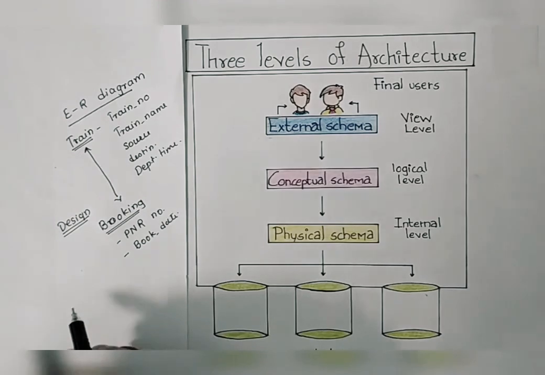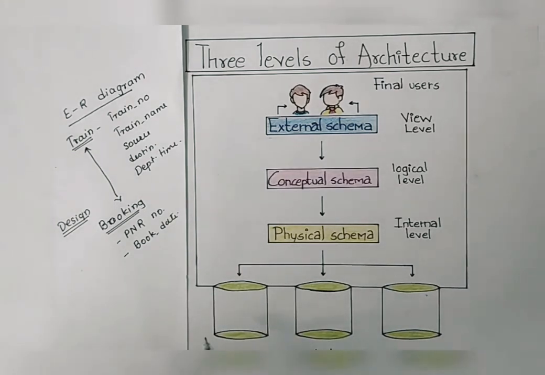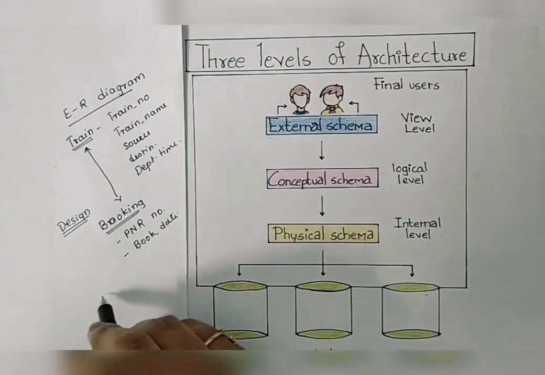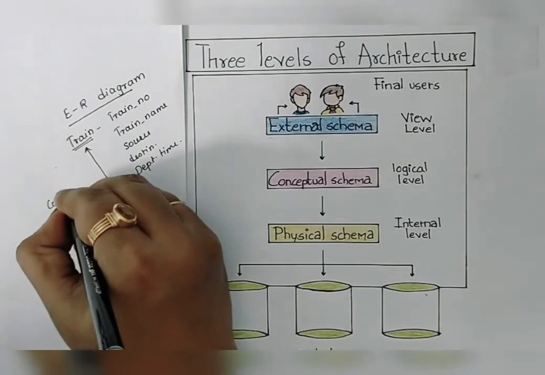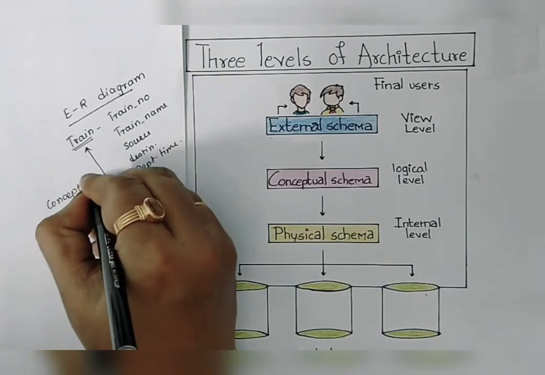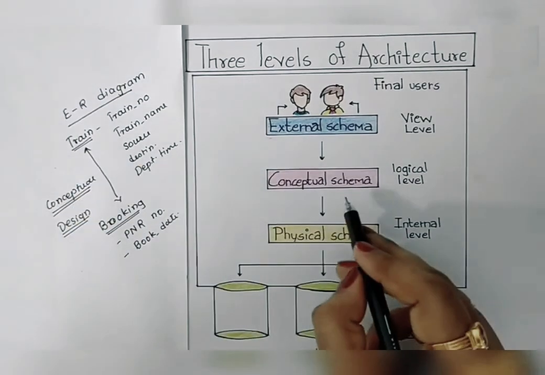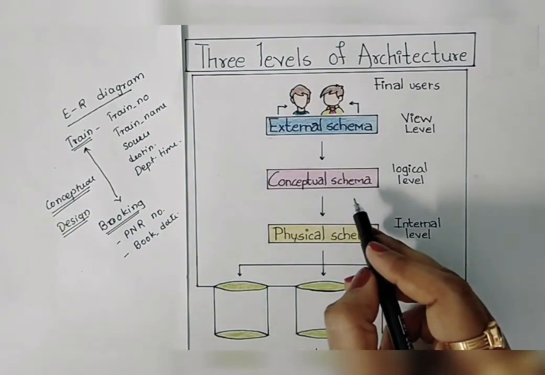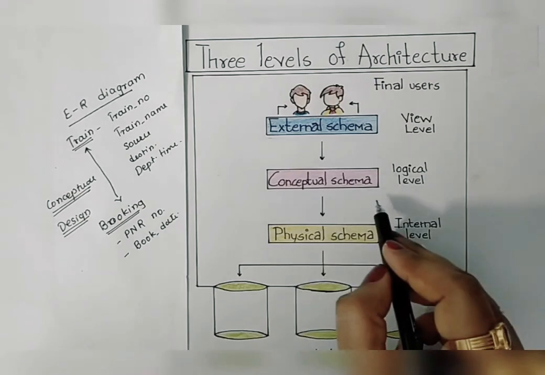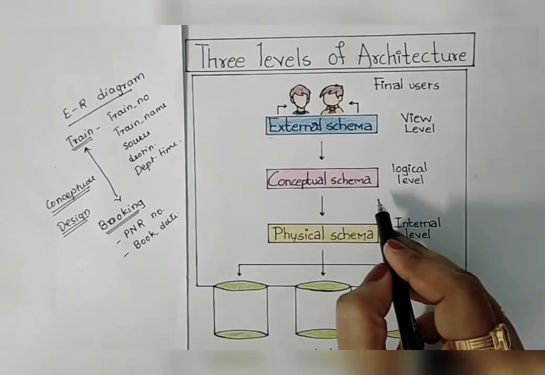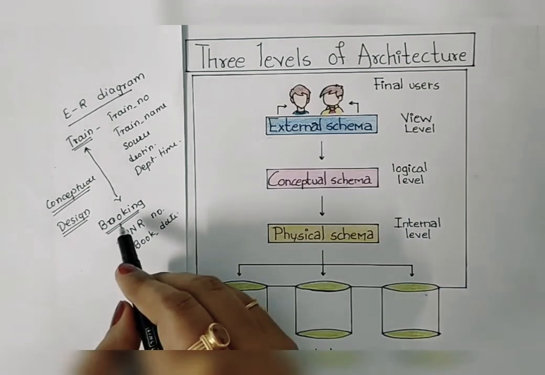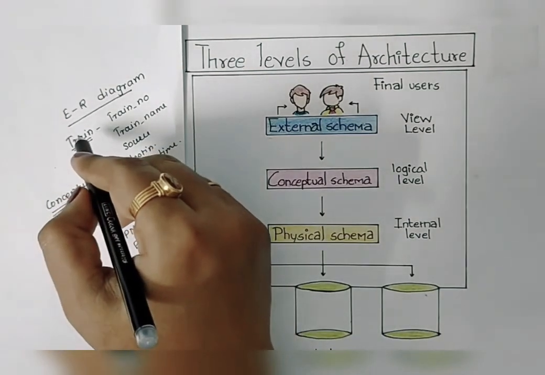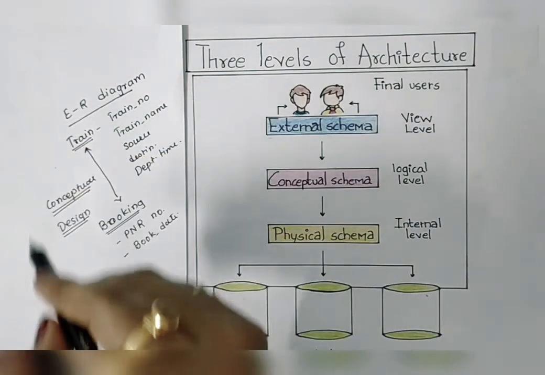Okay. So before creation of our database, what you have to do? You have to provide a conceptual design of your database. This is done at this level, the conceptual level. Suppose a particular user wants to create a booking for a particular train. So what will we store?